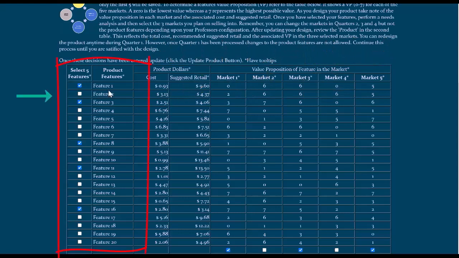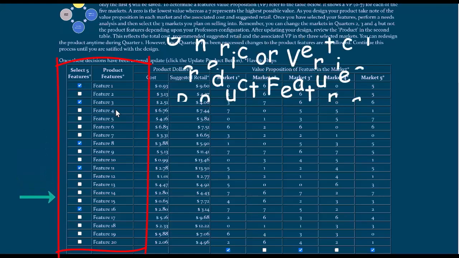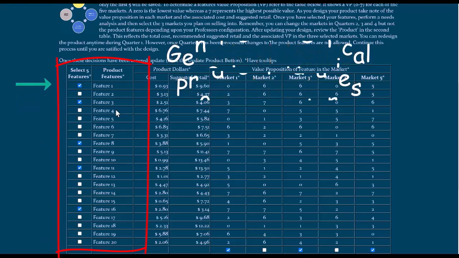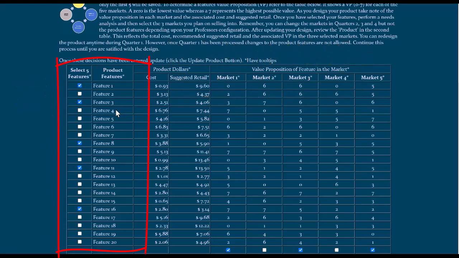Depending upon the configuration of your simulation, they may be listed as shown here, which are generic features, or they may be actual features of various products. There are videos in your training area that will show you the difference between generic and vertical particular industries.